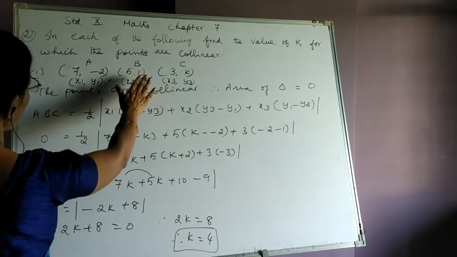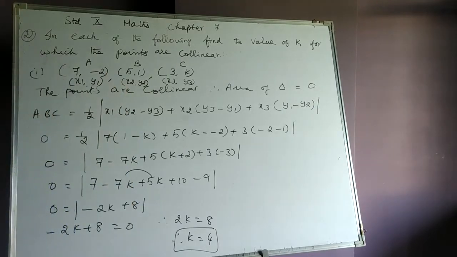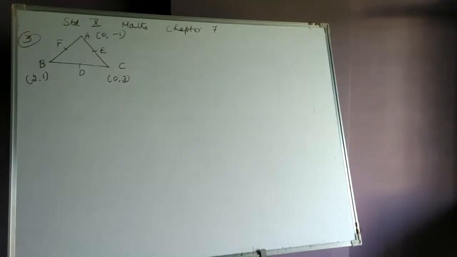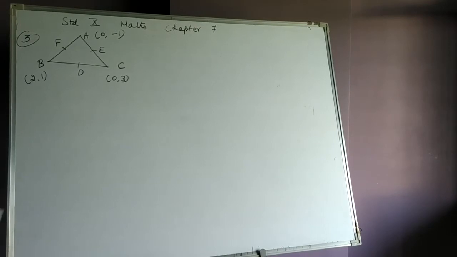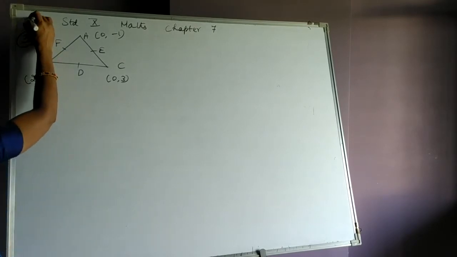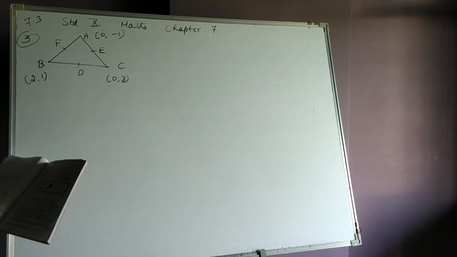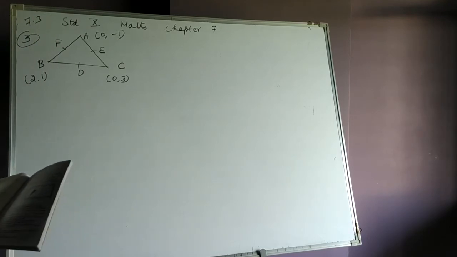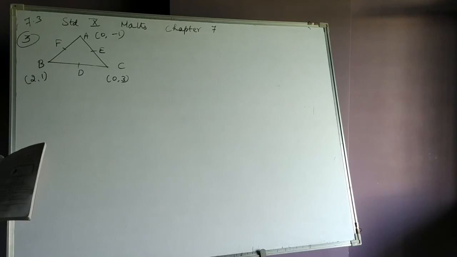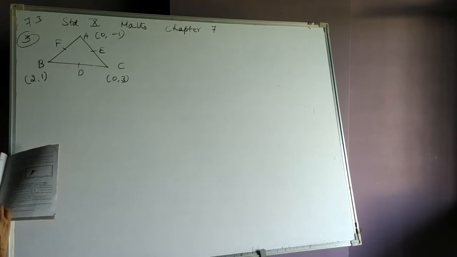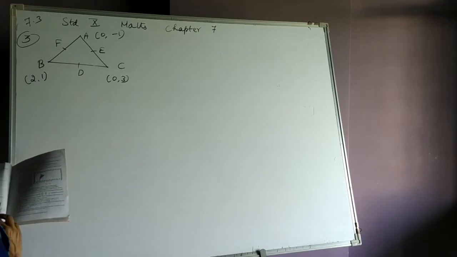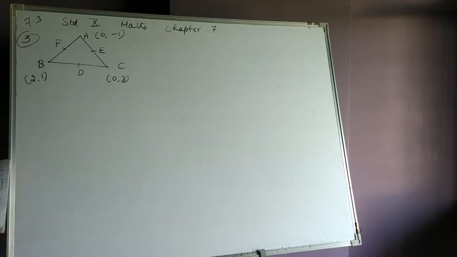Let us collect all the k terms together. Minus 7k plus 5k becomes minus 2k, and here 10 minus 9 is 1, 1 plus 7 is 8. So equating to 0, minus 2k plus 8 equal to 0. Therefore, 2k is equal to 8. Therefore, what is k? k is equal to 4.